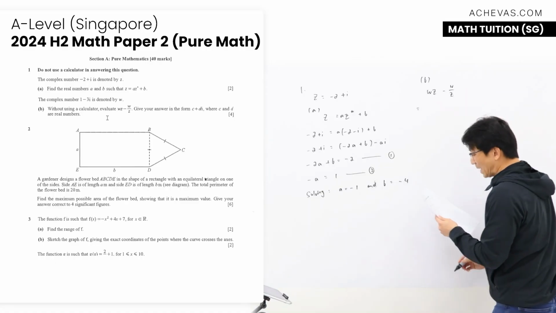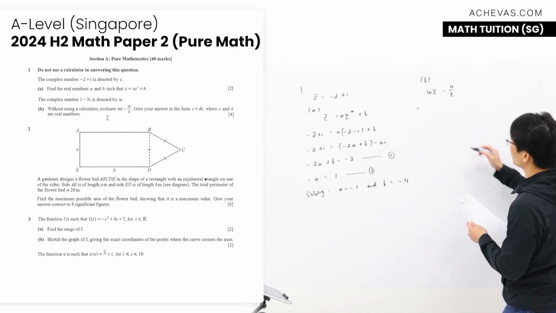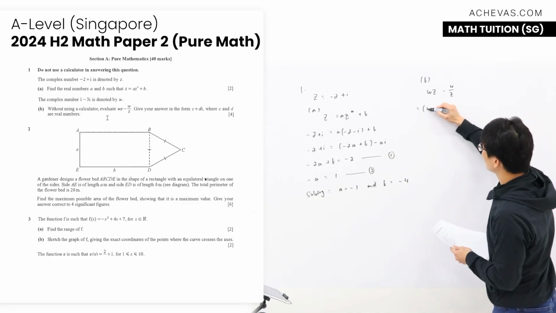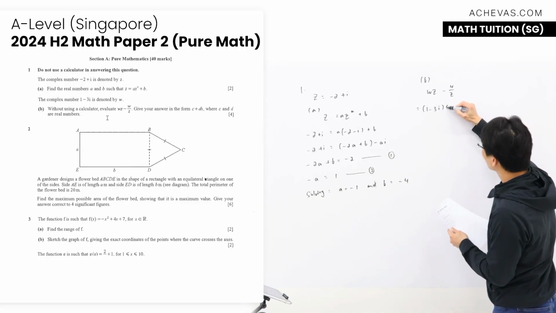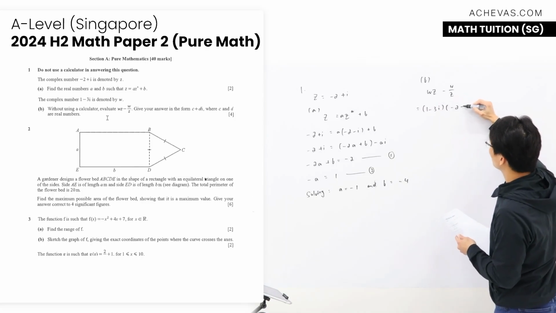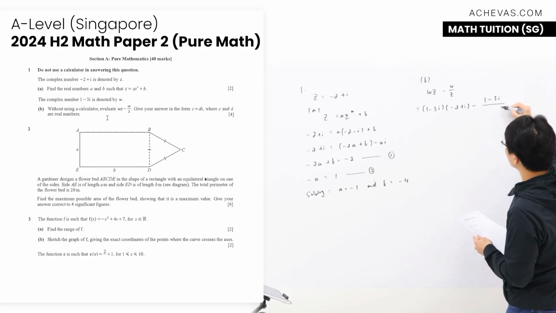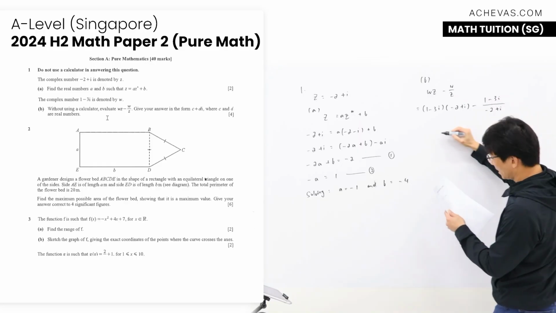We are going to plug in the values of w and z into this equation. w is 1 - 3i, and z is -2 + i.